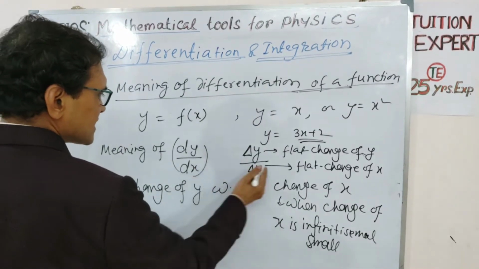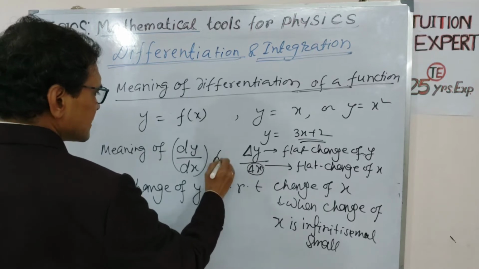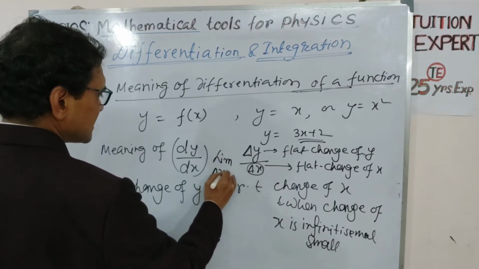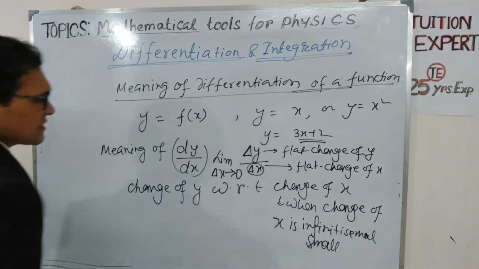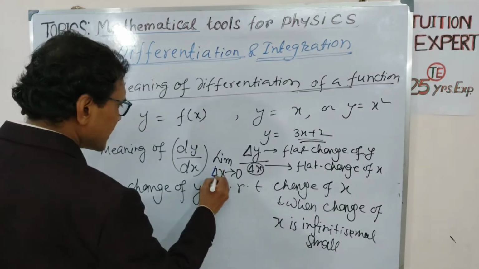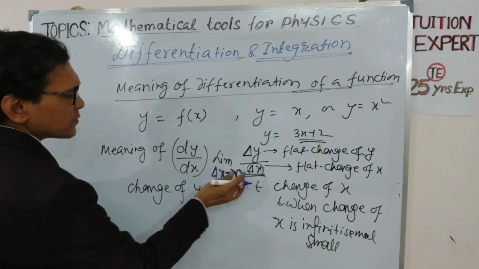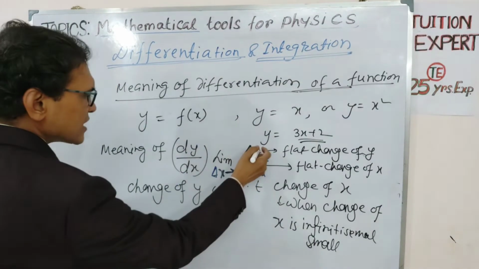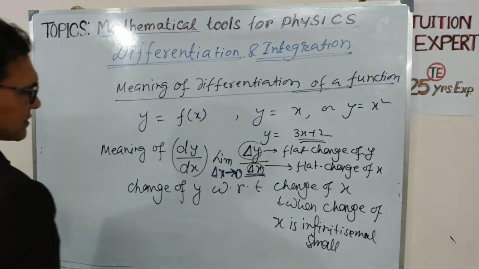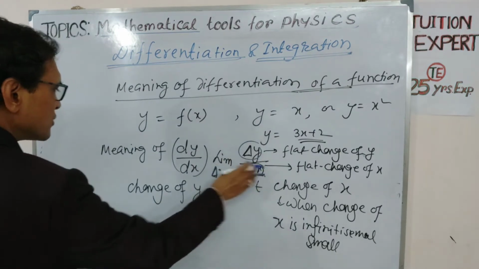But when this change is very small, we denote that by a limit. What is the meaning of this? Del x tends to 0 means when the change of x is very small, then the ratio of the corresponding change of y to the change of x is called dy by dx.